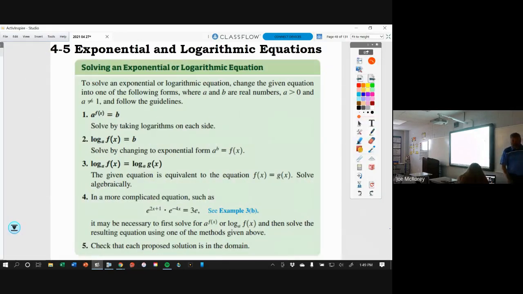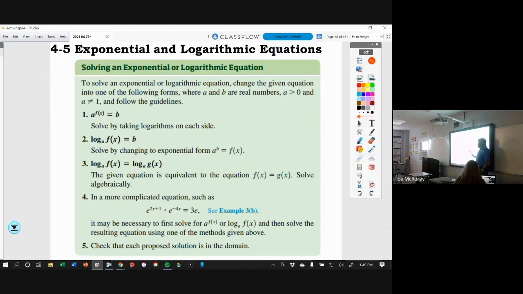Guys, I'm gonna get a screenshot here. These are the steps we use to solve exponential or logarithmic equations. This is what we do every time. If you have a to some power is equal to b, to get that power down, you take the log of both sides. Taking the log of both sides brings the exponents down. If you have the log of a function is equal to b, how do you get rid of a log?